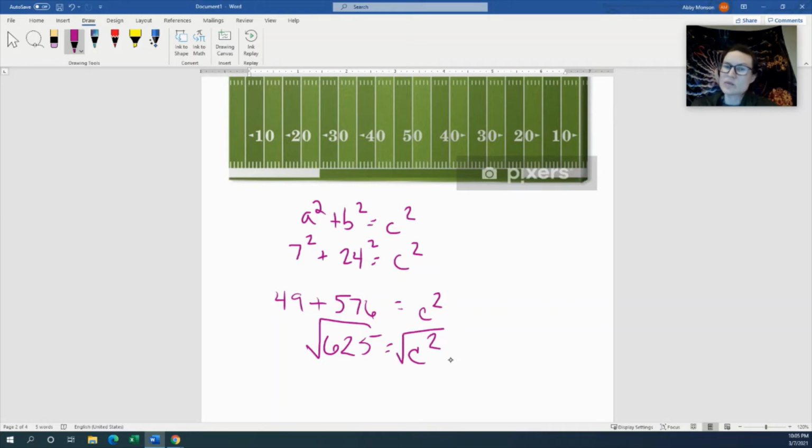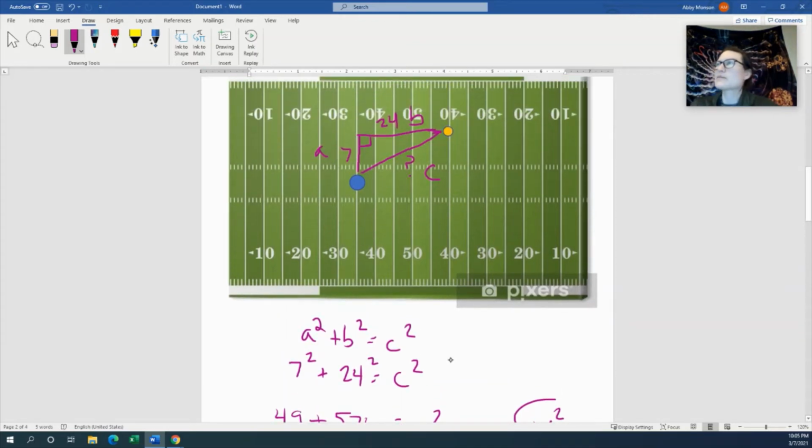The square root of 625, I can put in my calculator, and that number is 25. And the square root of c squared is just c. Remember, anything that's squared, when we take the square root, it's just the original. So now I know that my quarterback threw the ball 25 yards.